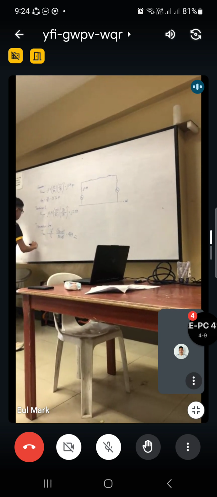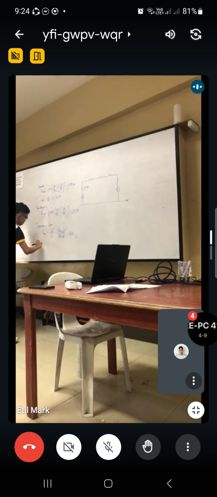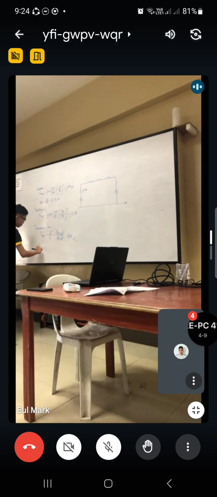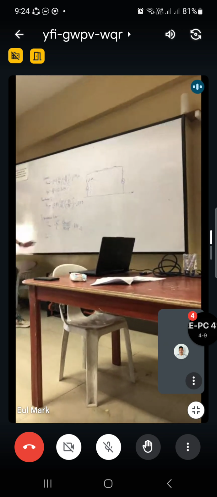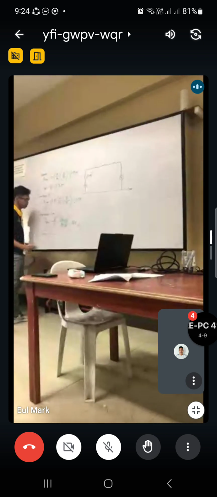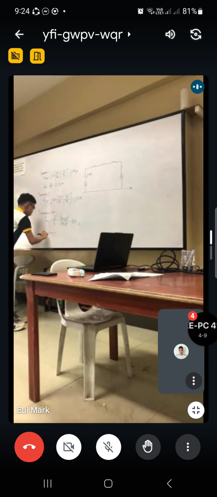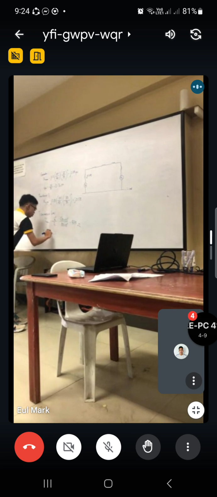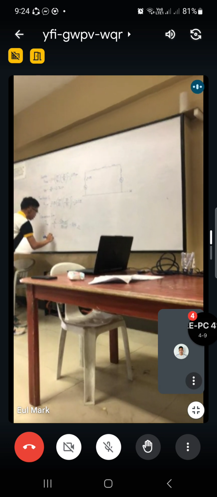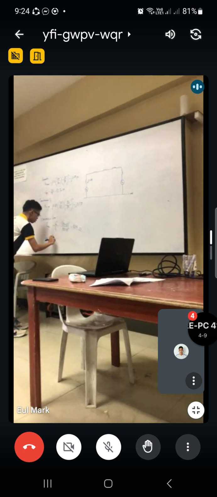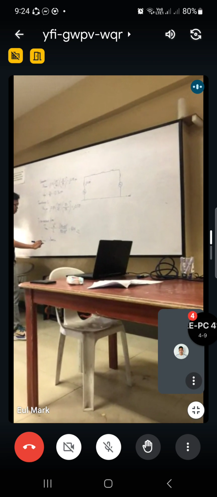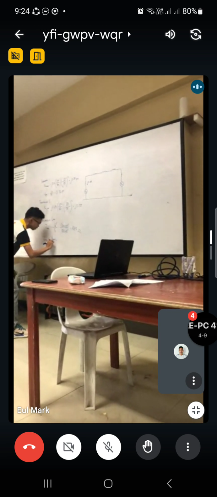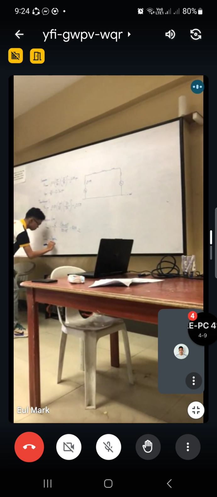So let's say it's Z per unit, or X, but Z in general. The transmission line is equal to its actual X over the Z base.